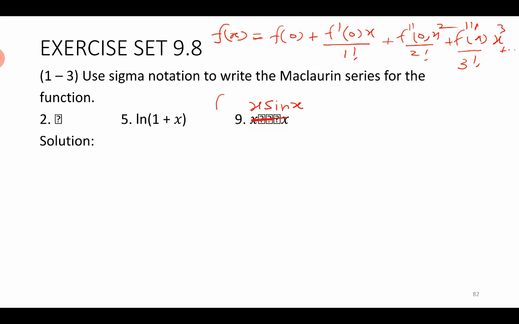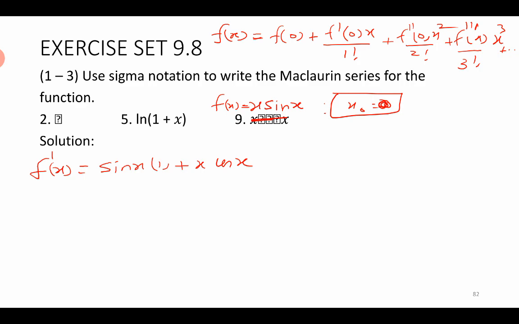Now f of x is given here, and the point x0 is 0 because it is a Maclaurin series. This is f of x. Find the derivative of f of x, f dash of x. Use the product rule. When you keep sin x and differentiate x, it will be 1. When you keep x and differentiate sin, it will be cosine. First derivative is done. What is the value of the function at 0?